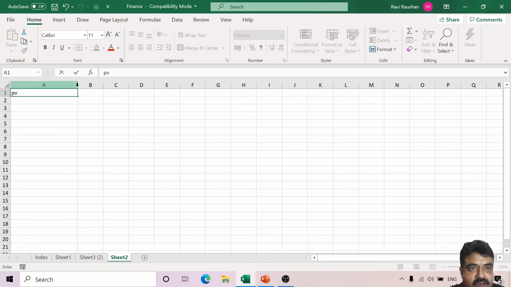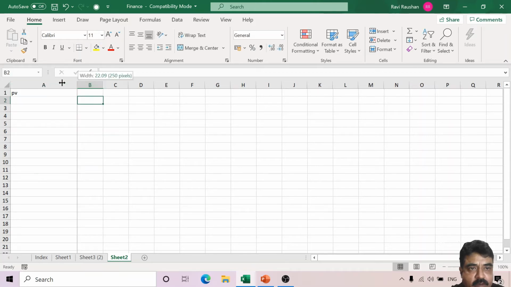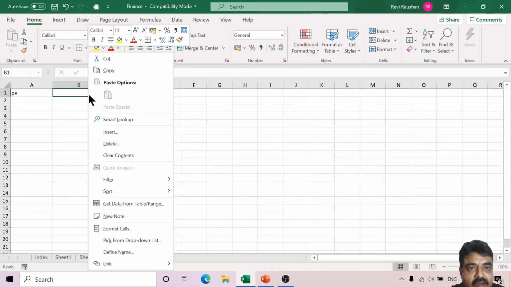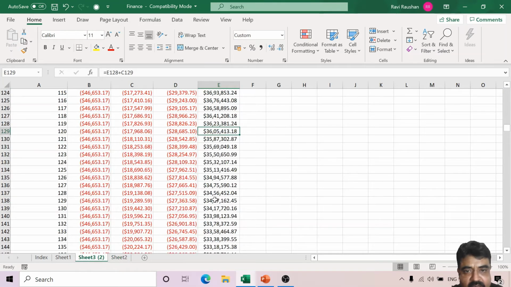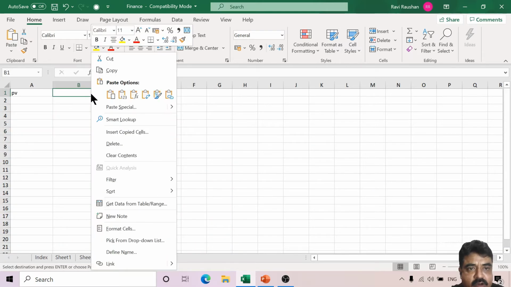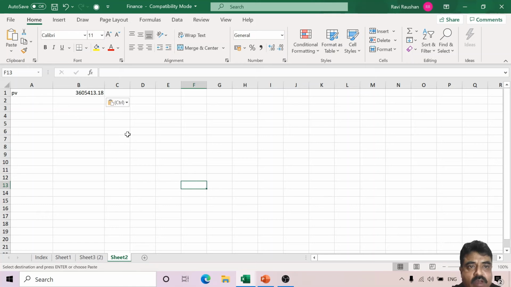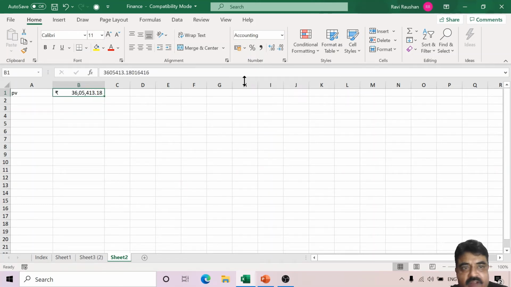Okay, just to understand, for the loan from SBI, I right click and copy it. I come here, remember that I'll have to do a paste special, then put the value. So this is the loan that I will take from SBI.